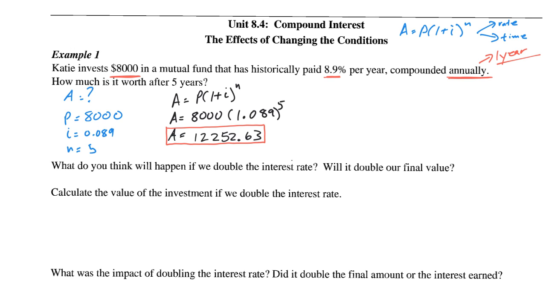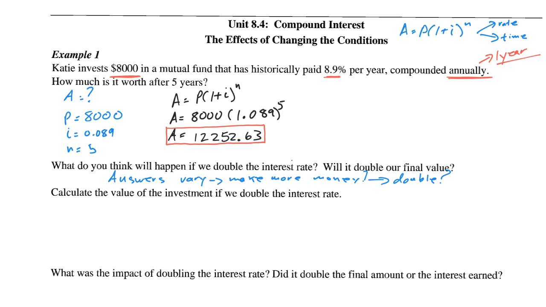So now let's take a look at this question that we have here. What do you think will happen if we double the interest rate, right? Do you think it'll double your final value? Some of you will say yes, some of you will say no. But everybody thinks that they might get more money, right? So let's just say answers may vary, okay?